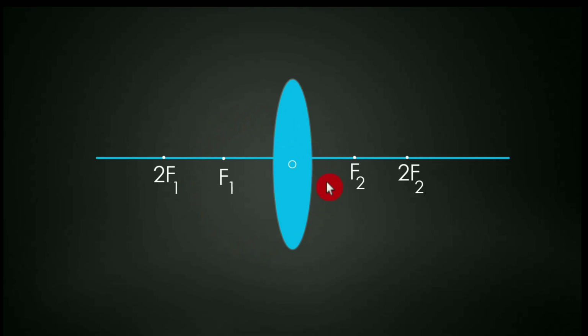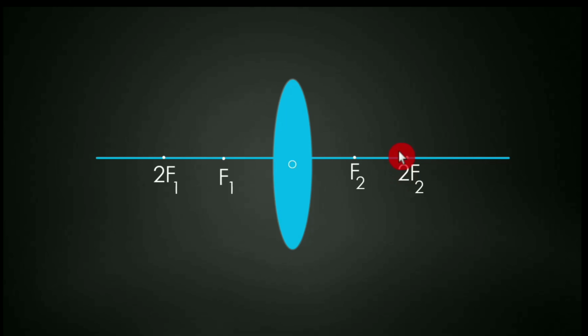These are the terms of this convex lens. 2F1 is also called C1, and 2F2 is also called C2. Both are the same, don't confuse about it. So the terms of the convex lens are 2F1, F1, optical center, F2 and 2F2.